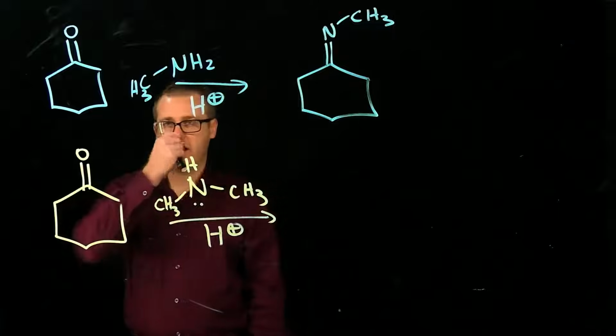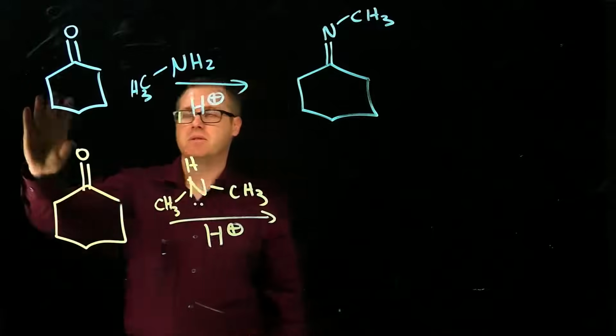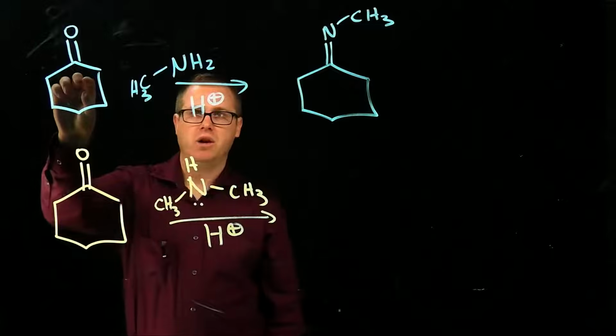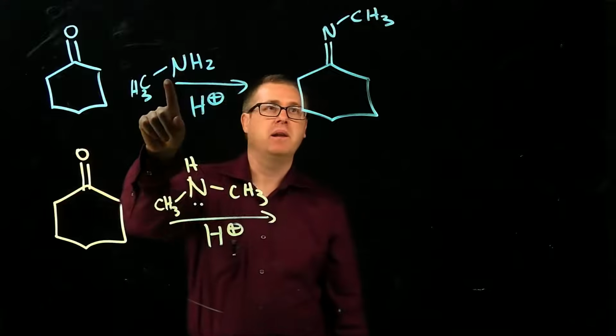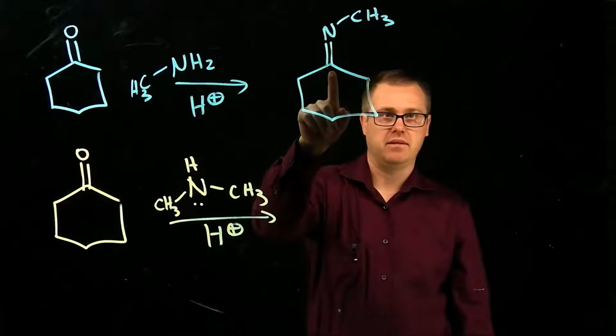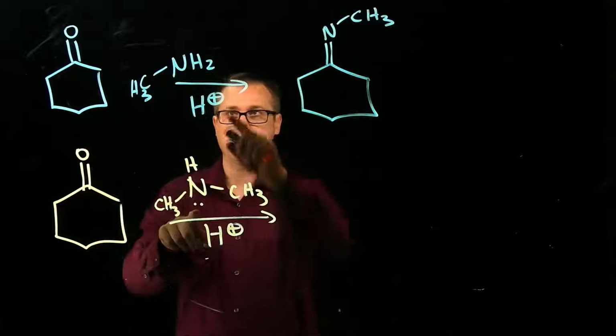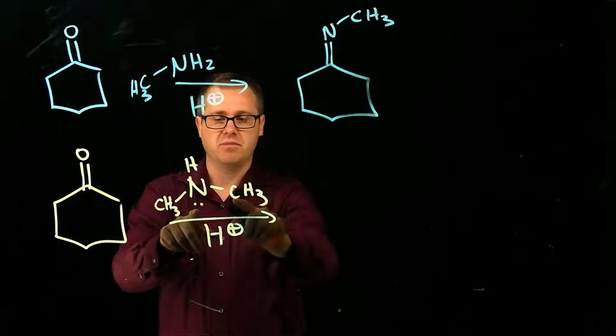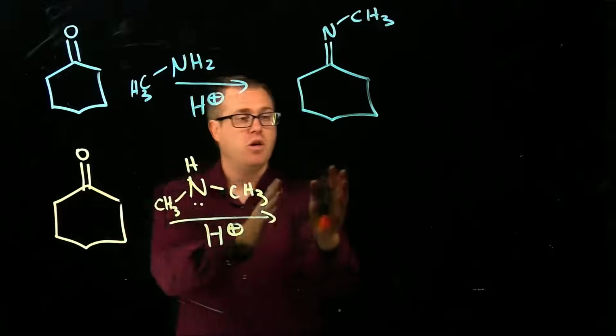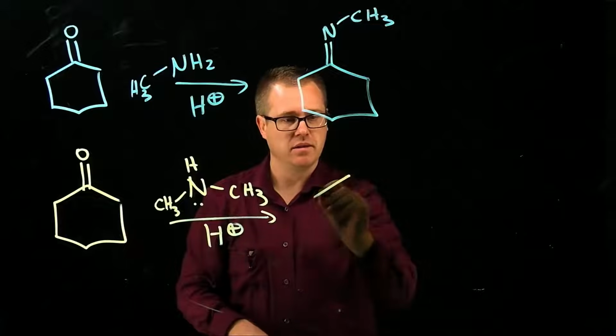So this is what I'm talking about, this particular example. Here we have a ketone, we have a primary amine, we get the imine. But if we take the same ketone but replace one of these hydrogens with the methyl group, and now we have a secondary amine, what is the product going to be?